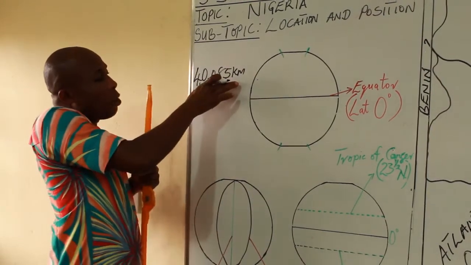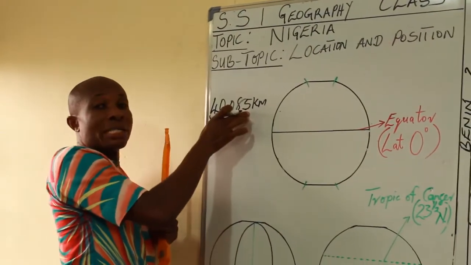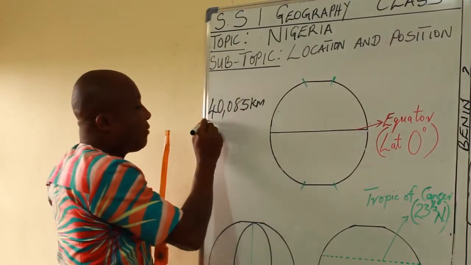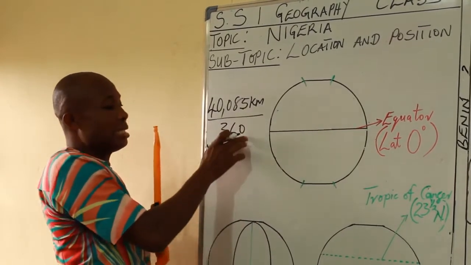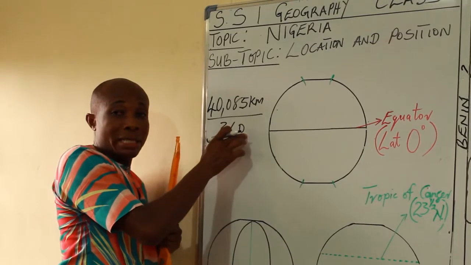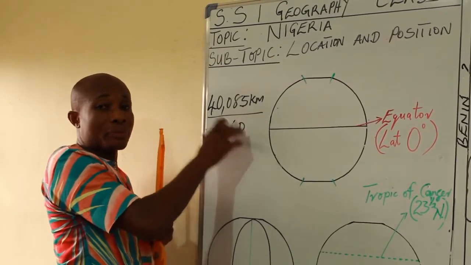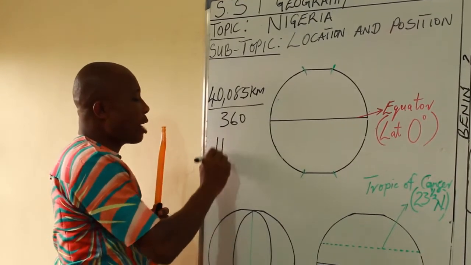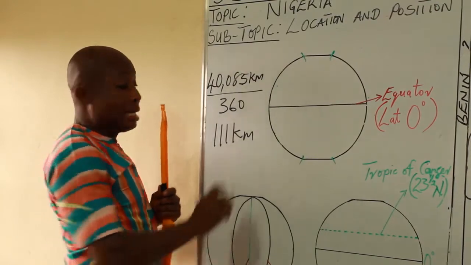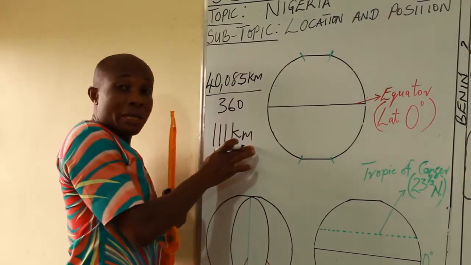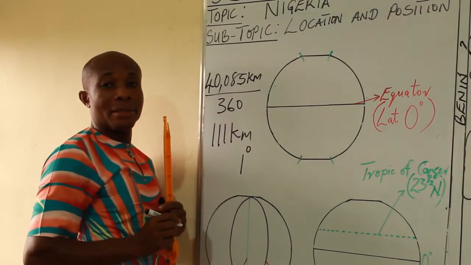And if you can remember this, and divide it by 360, which is the angle at a point, definitely what you will have as an answer will be 111 kilometers. And this 111 kilometers is equal to 1 degree.